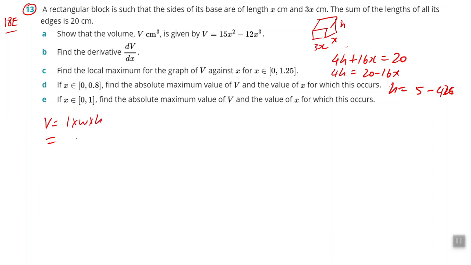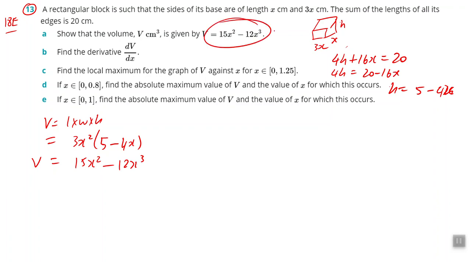Length times width is 3x times x, which is 3x squared. Height is given by the expression we just found, so 5 minus 4x. Expand it, we get 15x squared minus 12x cubed, and we've shown what we required to show, so we're happy.